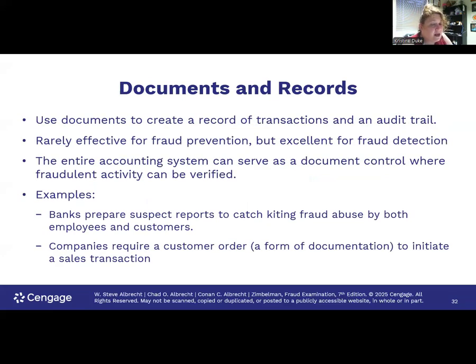Documents and records. I kept copies of my voided checks. What I would do is write void on it. Some people like to tear off the routing number so that nobody can access it, and I think that's the stupidest thing ever. It makes it hard to file those checks. But I kept a copy of all my voided checks.